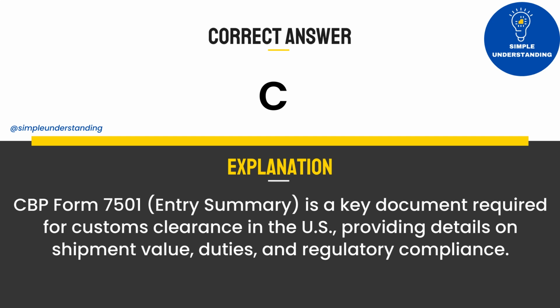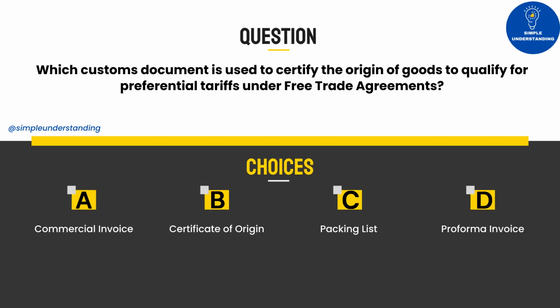Explanation. CBP Form 7501, Entry Summary, is a key document required for customs clearance in the U.S., providing details on shipment value, duties, and regulatory compliance. 2. Which customs document is used to certify the origin of goods to qualify for preferential tariffs under free trade agreements?